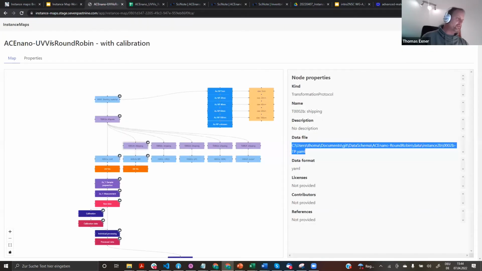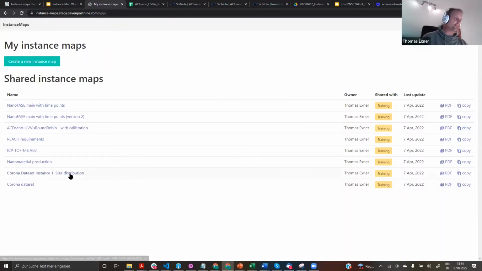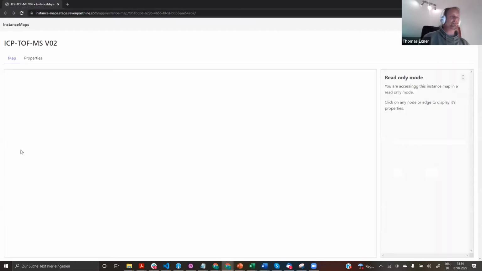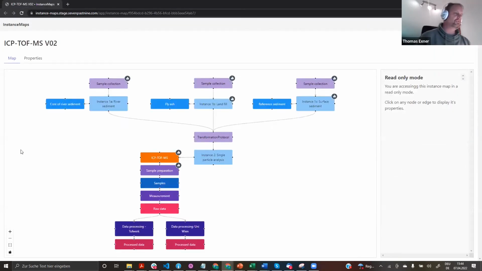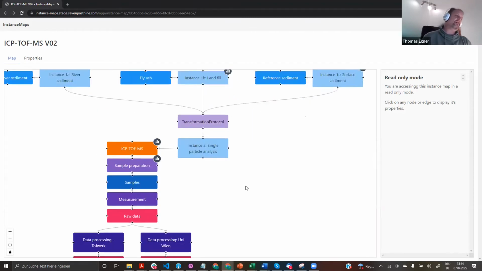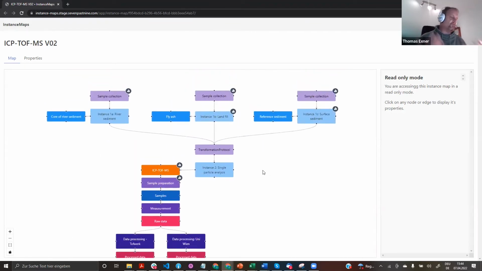Last example, more or less, for one of the little things. This is something we are currently working on with the University of Vienna, but I only show it to show how easy and simple that can actually be.